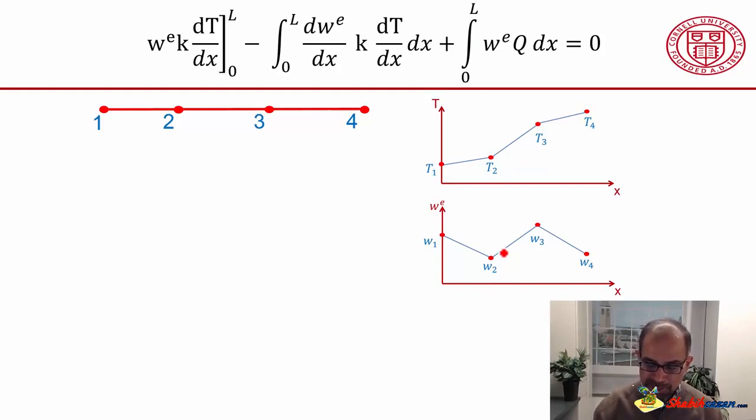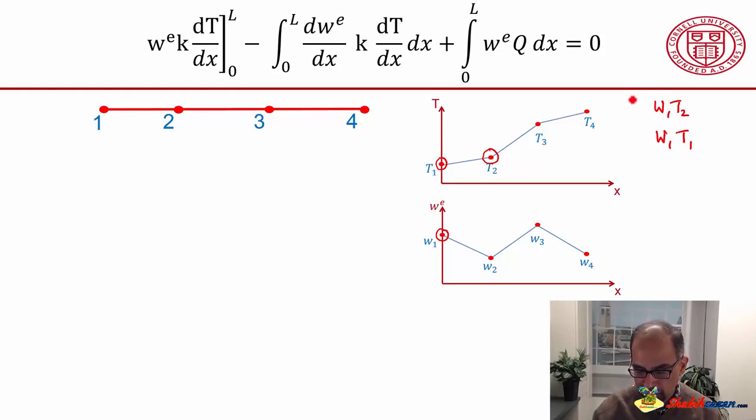And when I do this integration, I'll do it element by element. So when I do the integration over the first element, I'll get terms where I'll have W1 multiplying T1, and I'll also get a term where W1 multiplies T2. Okay, so I'll get a term that involves W1 times T2 and W1 times T1.